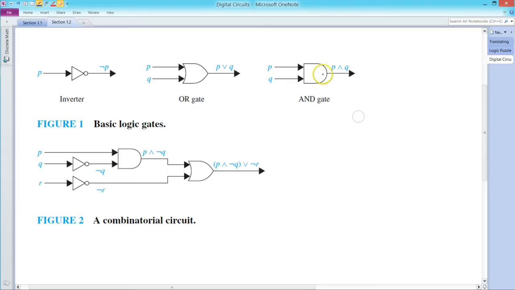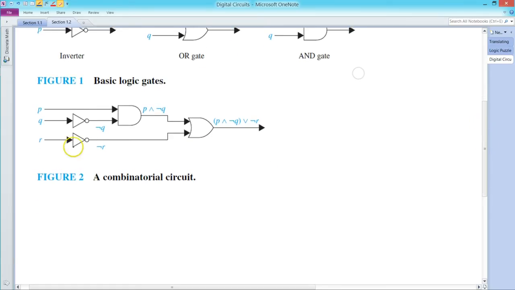In the same way, the third basic circuit is the AND gate, which takes two inputs, P and Q, each of them bits, and produces the output P and Q. Using these three basic logic gates, we can construct more complicated circuits.